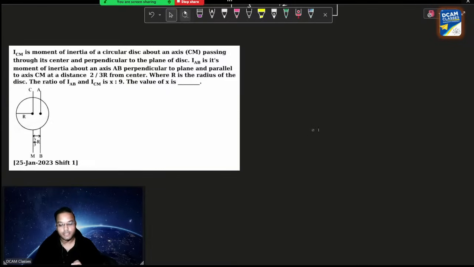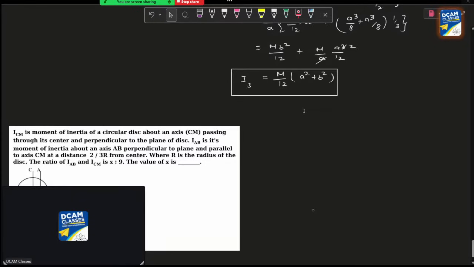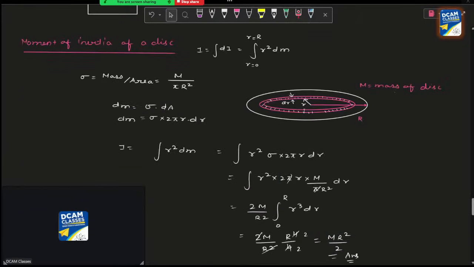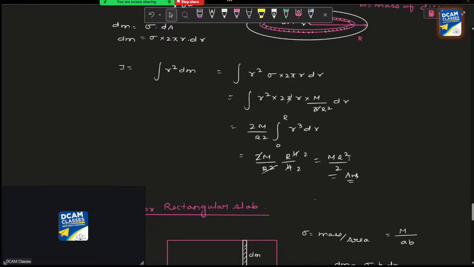First try to understand it and then see whether you're able to solve it or not. So can you scroll up a bit? In a circular disc. The moment of inertia of the disc is MR squared by 2. Okay.